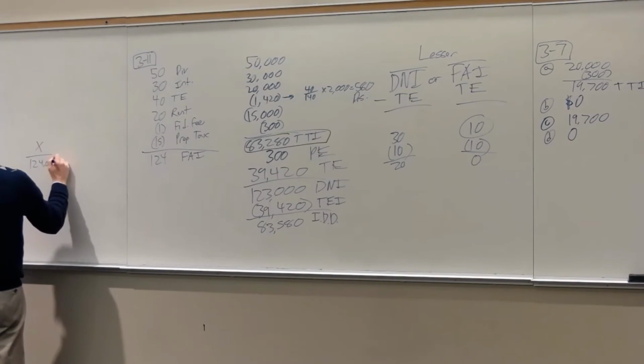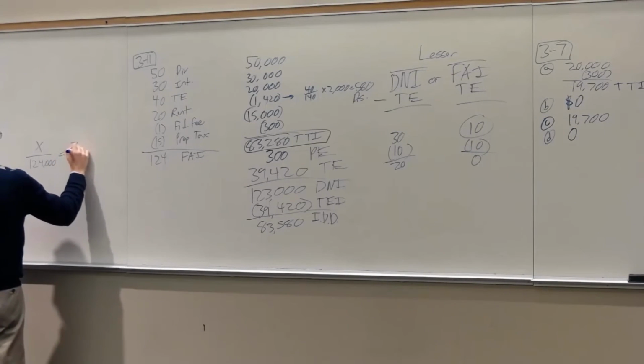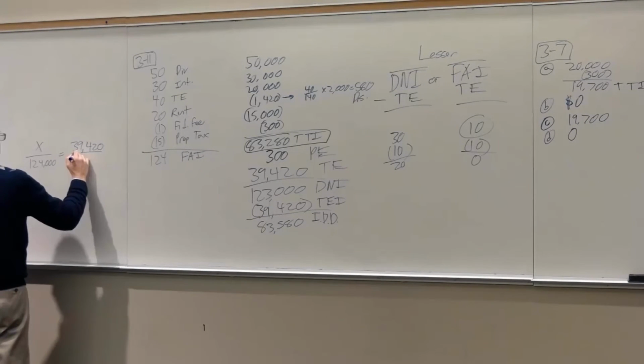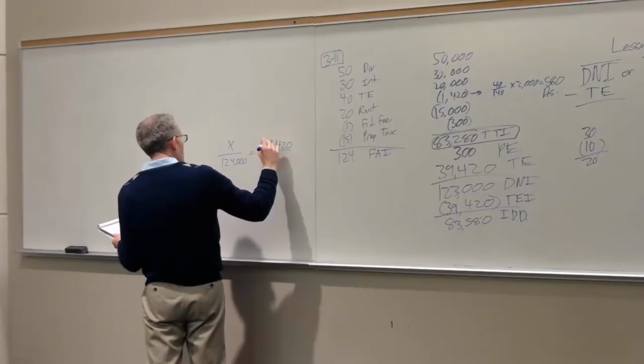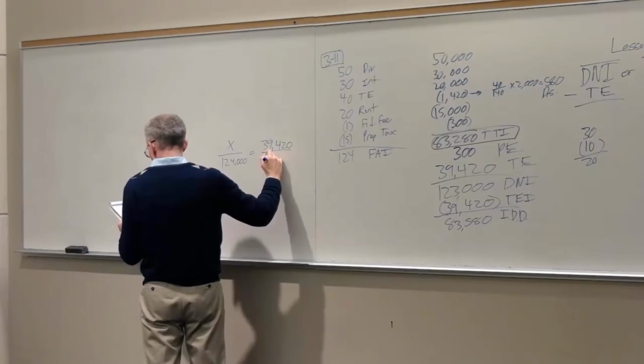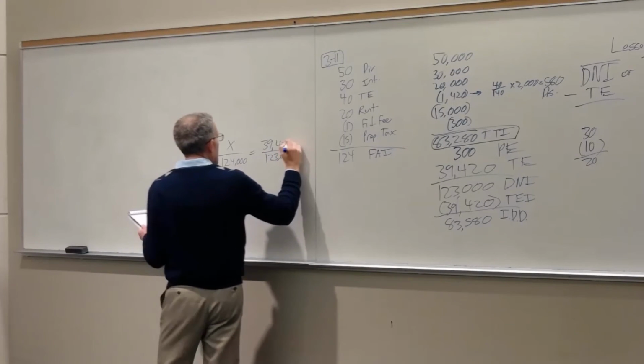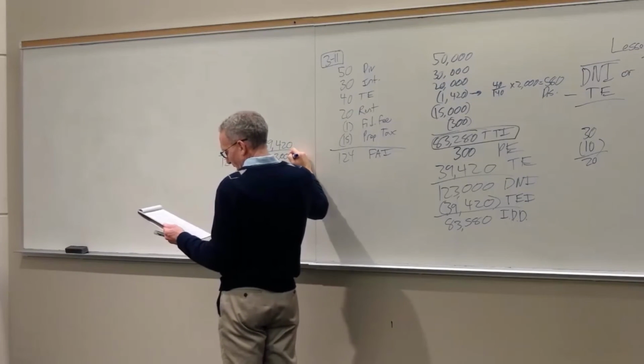We know the embedded in DNI is 39,420 over 123, right? This is the embedded tax exempt in the 123.